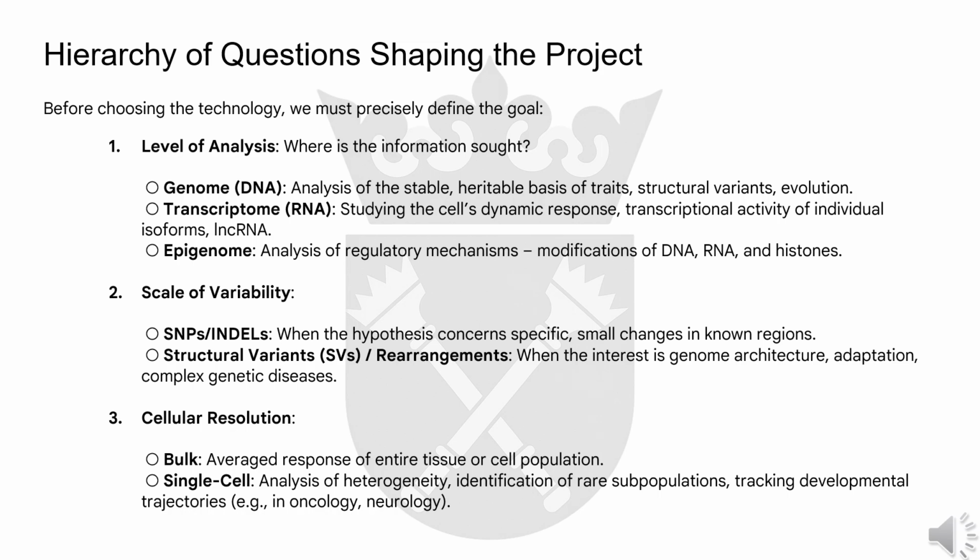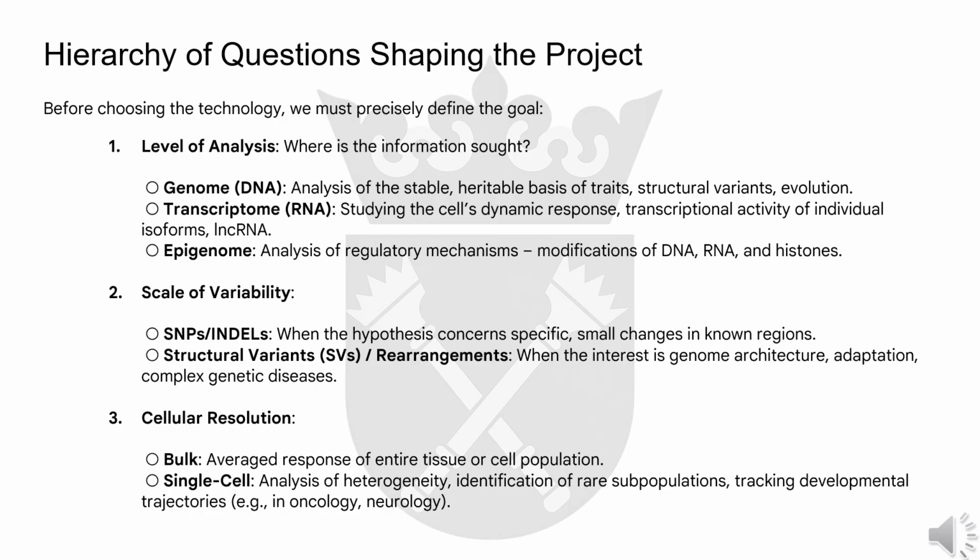We need to answer a few fundamental points. First, are we interested in information at the DNA, RNA, or epigenome level? These are three completely different layers of biology and require entirely different methods. Second, what scale of variability do we expect? Are we looking for single mutations or large genome rearrangements?